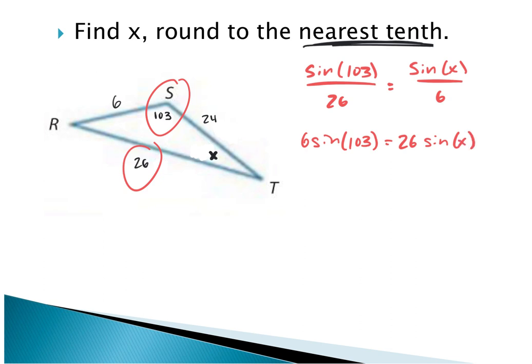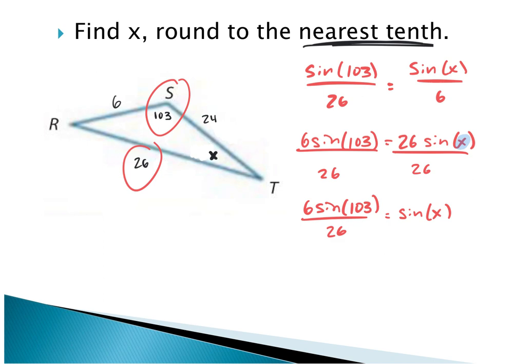Now remember, we're looking for the angle. We're trying to get this angle, that's the variable, all by itself. So now I'm going to divide by 26. Okay, and we have 6 sine of 103 all over 26 is equal to sine of x.